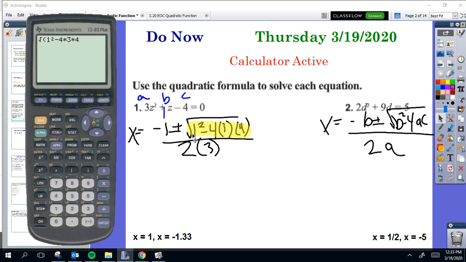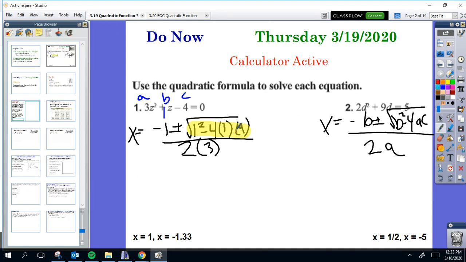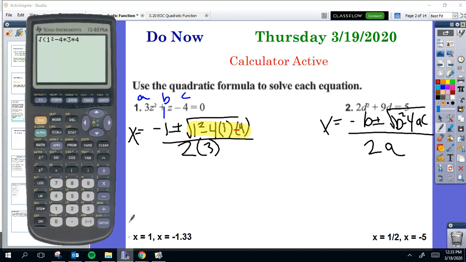So it's 1 squared minus 4 times a times c. Okay, so this is not regular 4, it's a negative 4. Let me go fix that. Square root of 1 squared minus 4 times 3 times negative 4. That's going to give me 7.